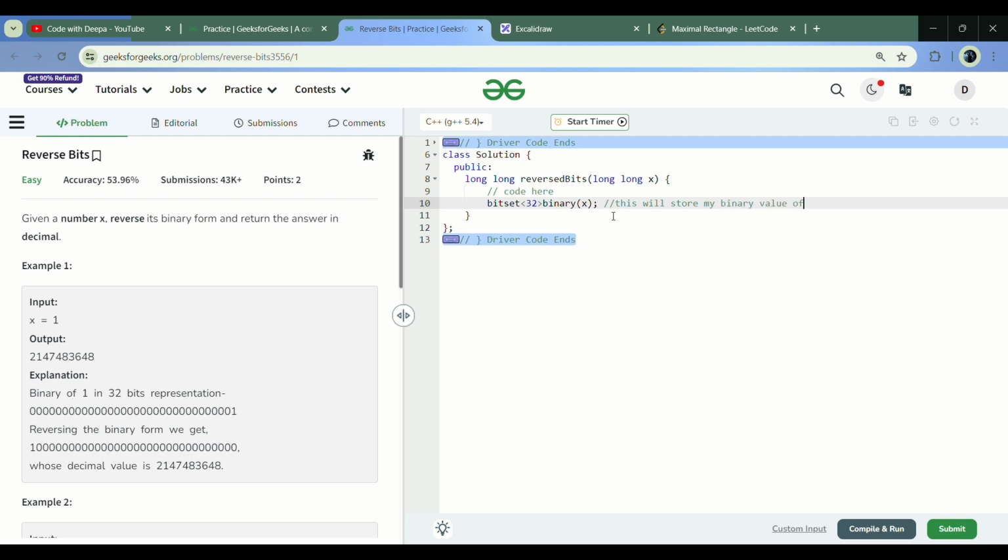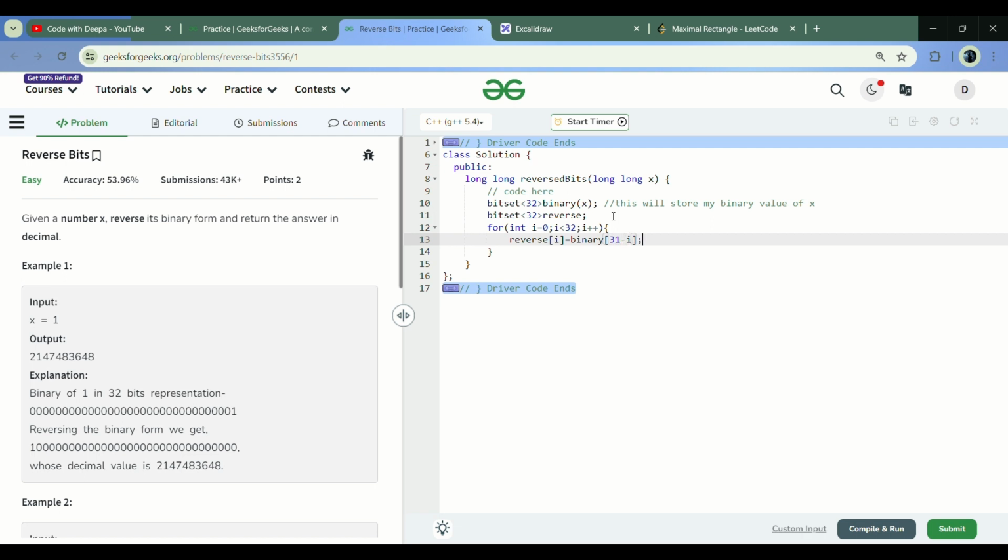Now next, we have to also calculate the reverse. So let me declare another bitset of size 32, and let me give it the name reverse. Now we will simply traverse our first binary, for i less than 32, i plus plus, and in every step I will store that value in my reverse. So reverse of i will become binary of 31 minus i.